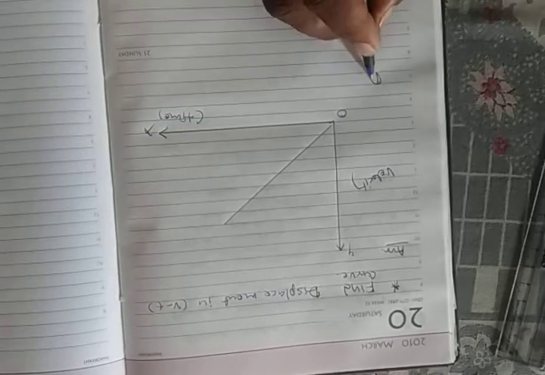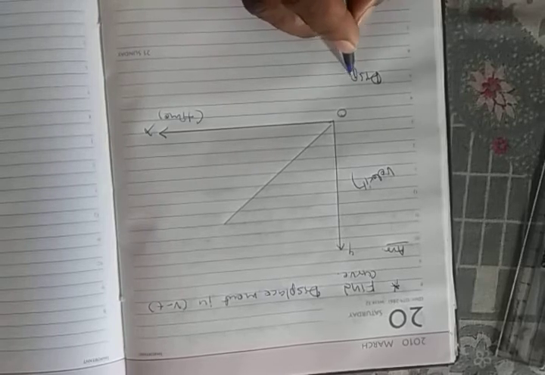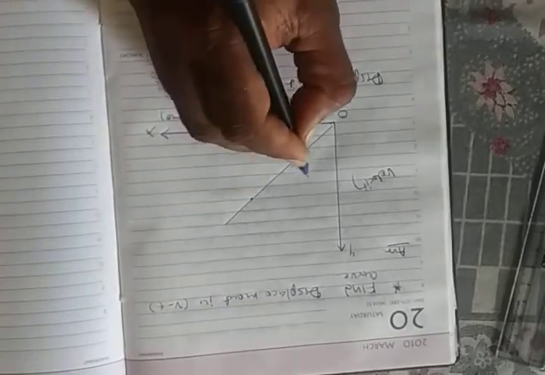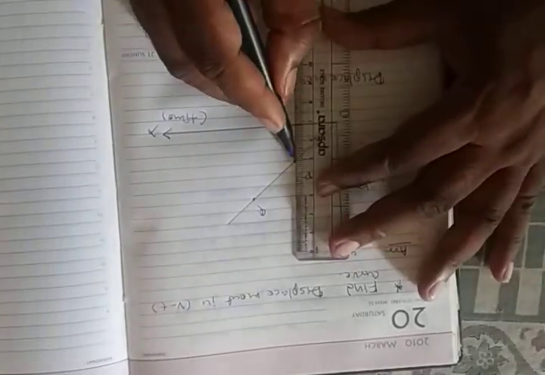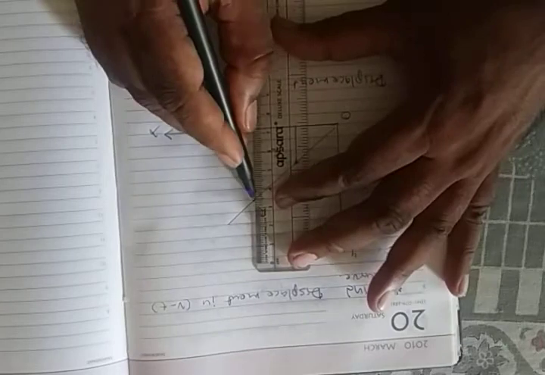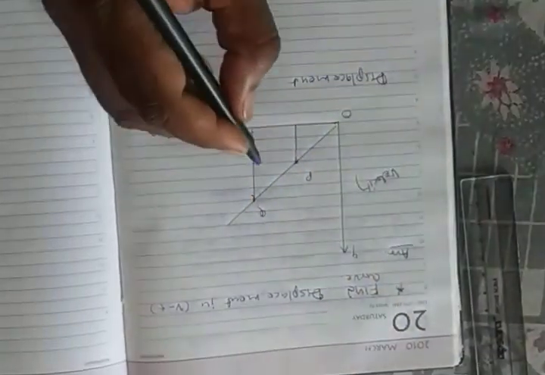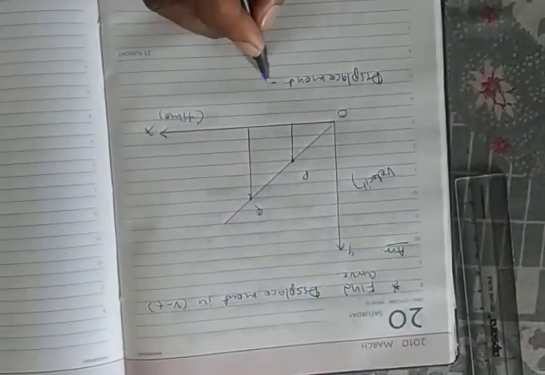So displacement: suppose two points of the curve P and Q. Clear? So the area covered by line PQ is called displacement.